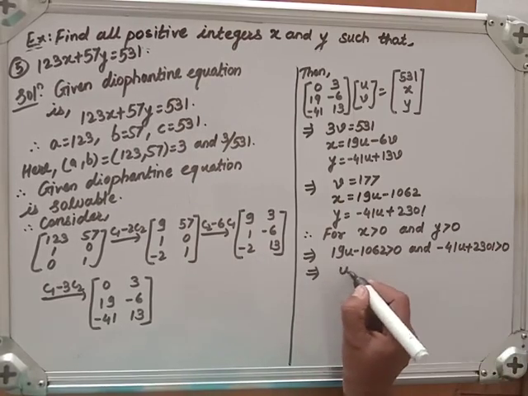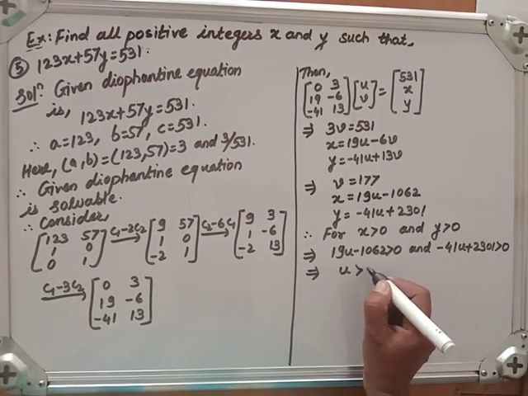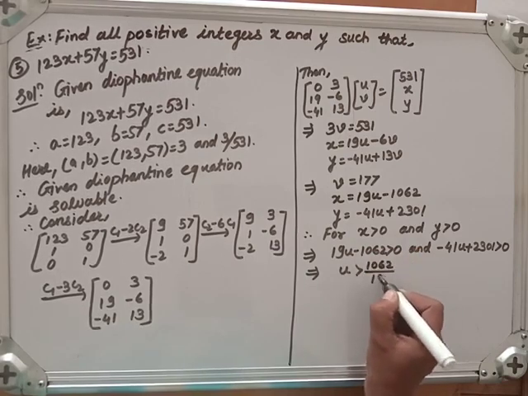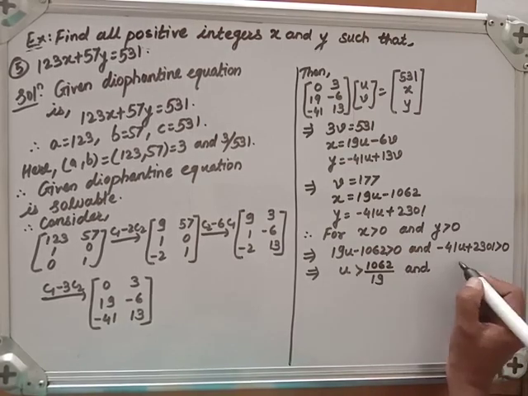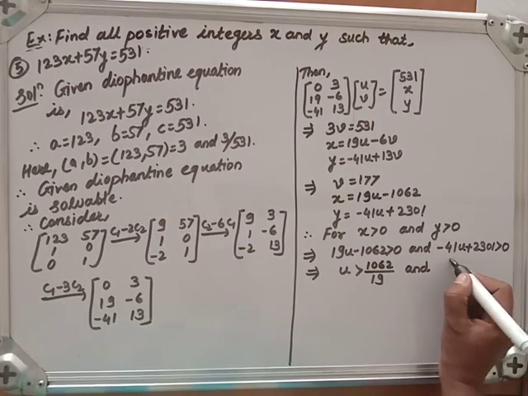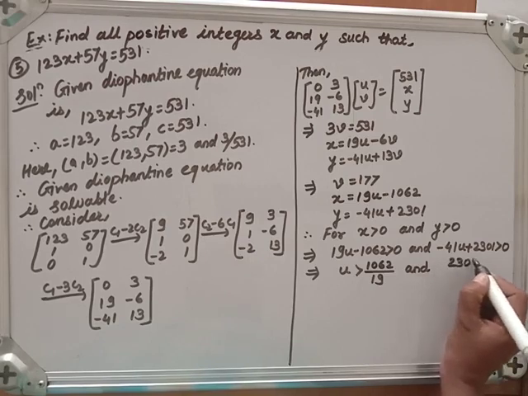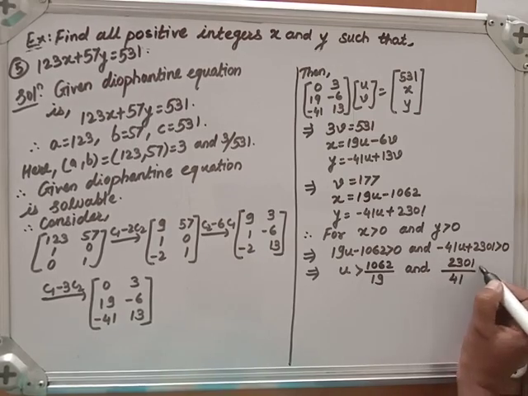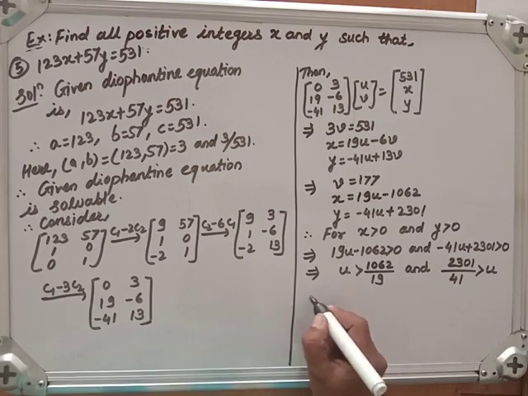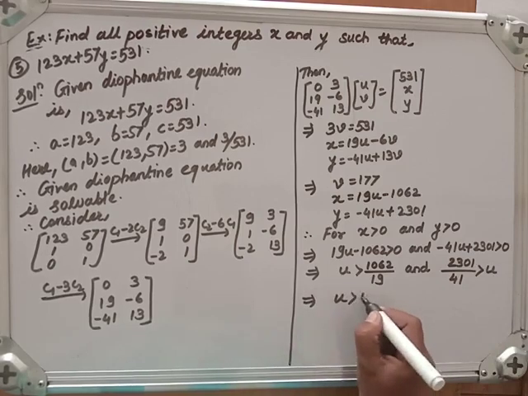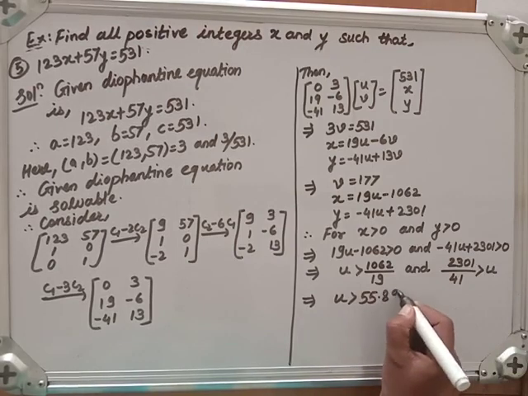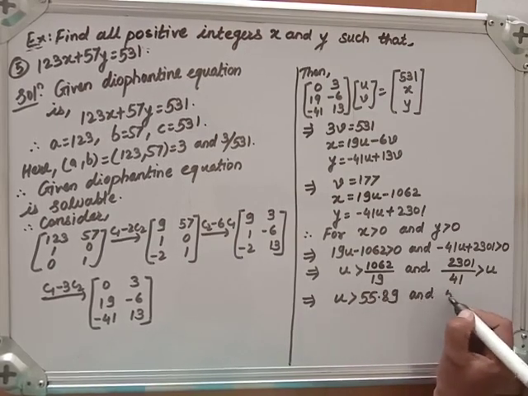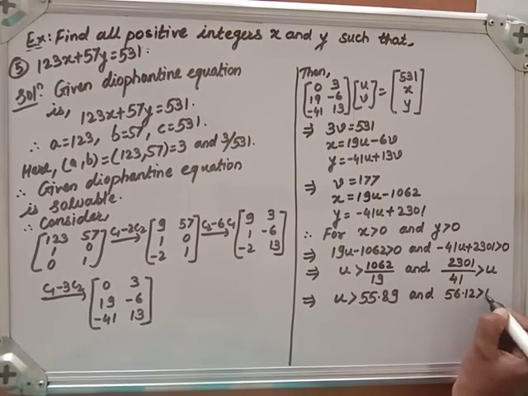So this gives u is greater than 1062 by 19, and 2301 upon 41 is greater than u. So u is greater than 55.89 and 56.12 is greater than u.